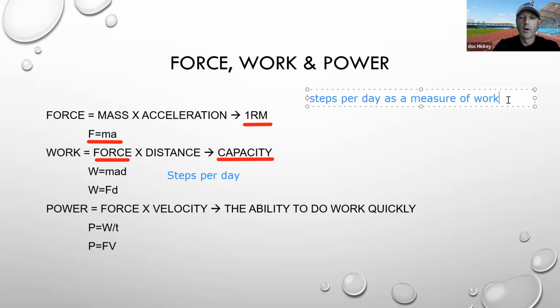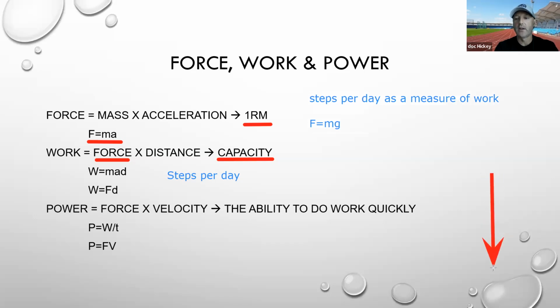So what we can do here with physics, one of the identities is that force can also be mass times gravity, because gravity is a form of acceleration. Gravity is the downward vector.